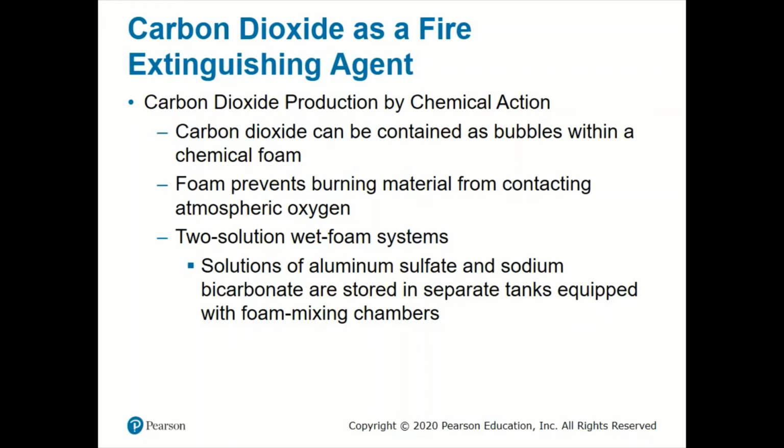So basically, you've got starting materials in separate tanks, and then they are combined to create the foam in the moment. So how that works, the aluminum sulfate and the sodium bicarbonate are in different solutions. When they are mixed together, they will form this foam that also forms carbon dioxide as a byproduct. And so the whole thing comes out as one.